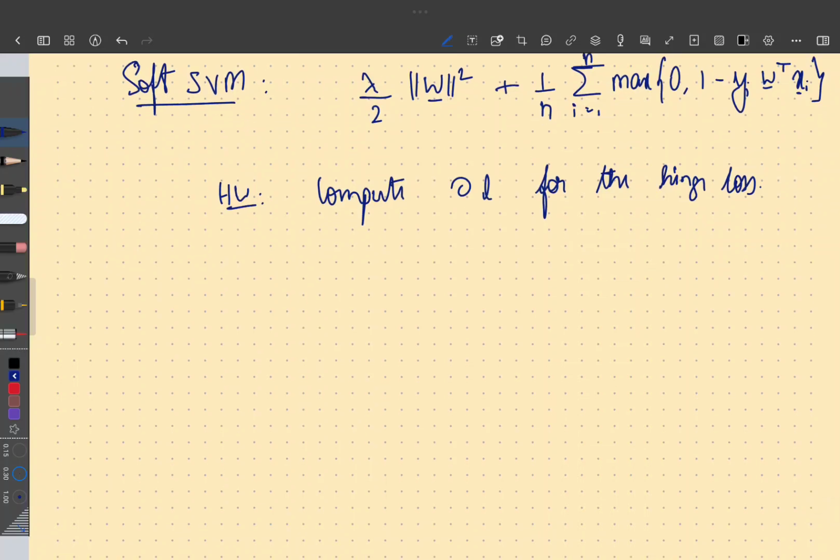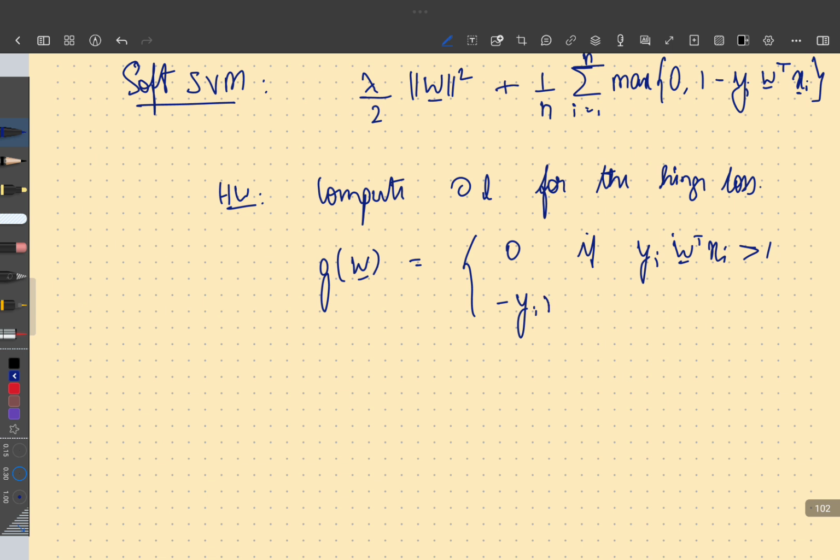So in particular, since I have to choose one subgradient, I can choose the subgradient g of w to be equal to 0 if y_i times w transpose x_i is strictly greater than 1, and I'll choose it to be equal to minus y_i x_i otherwise.